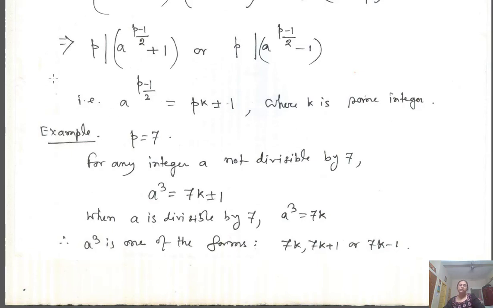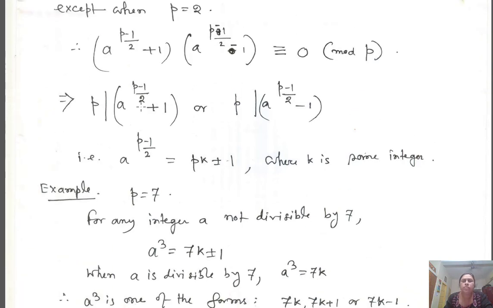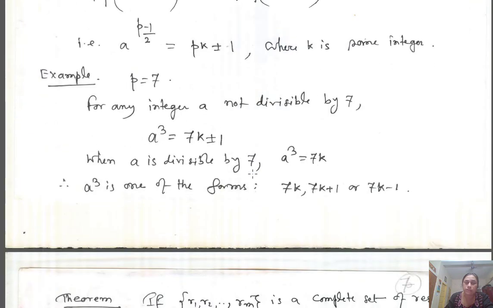So this essentially gives you the result that a to the power (p minus 1) by 2 is congruent to plus or minus 1 modulo p. When you take modulo p, the right-hand side value cancels out.